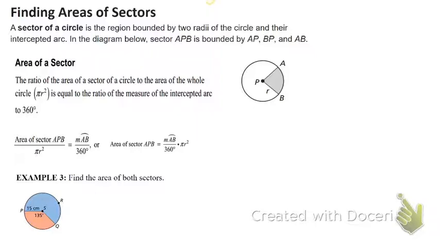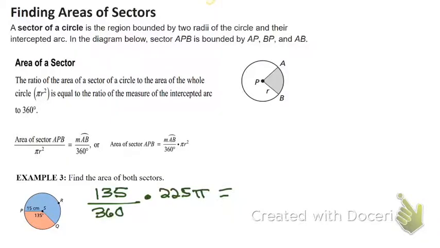So we're going to take the arc measure of PQ, which is 135 degrees, and divide that by 360 degrees, and that's going to be equal to the area of the sector divided by pi r squared. But in this case, the radius is 15, so we need to substitute in pi r squared as 15 times 15, 225 pi.